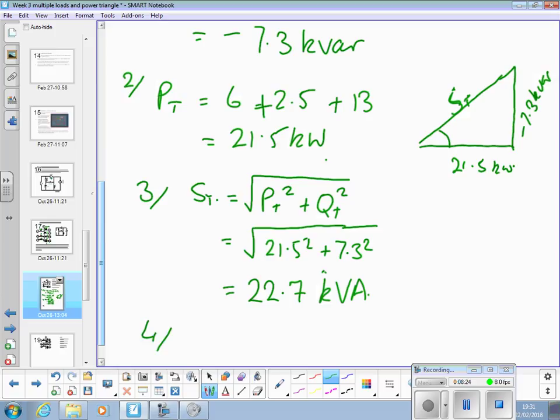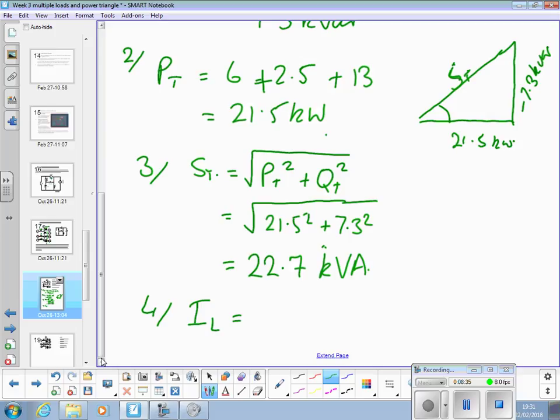Step 4, IL, the line current. What's another formula for S? Well, E times I, the line current, IL.